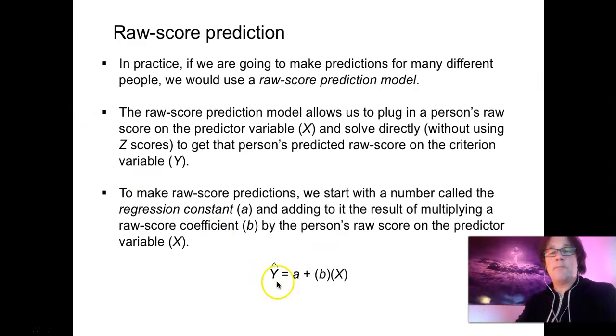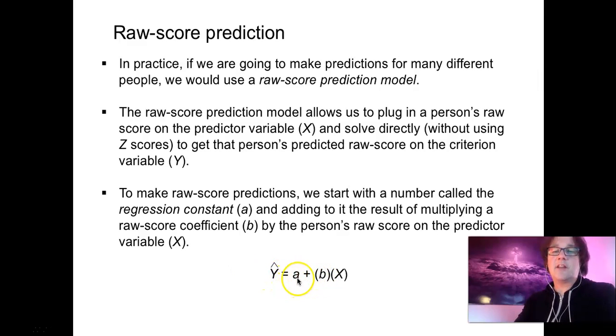But let's say I have an x score and I want to predict what somebody's y score would be. We multiply that x score by some raw score coefficient, then add the constant, and that gives us a predicted y score.